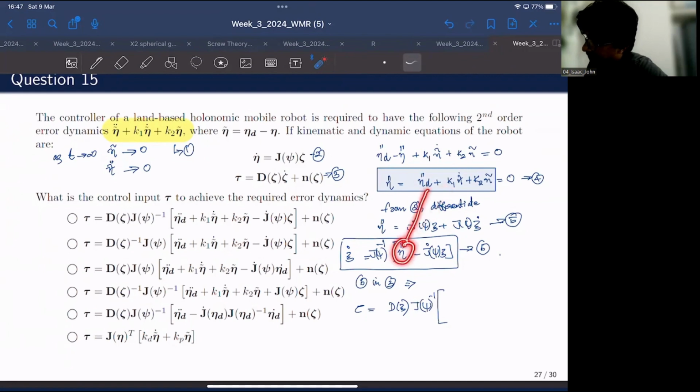So that will become eta desired double dot plus k1 eta tilde dot plus k2 eta tilde, right? So that accounted for d of theta, zeta dot.